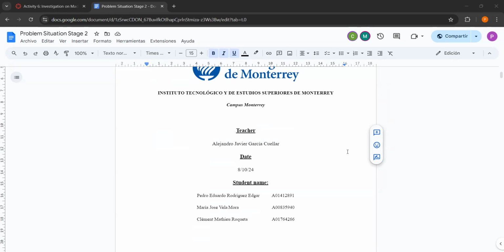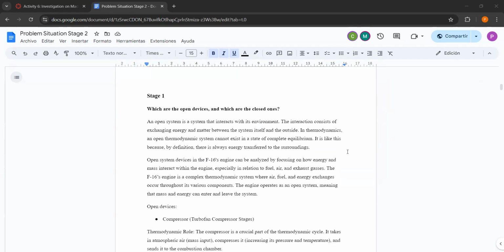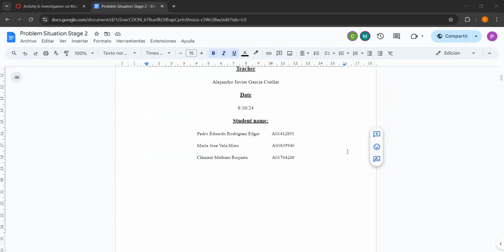What the problem scenario asks us to do is to analyze the components of the F16 engine, and to determine if this plane fell because of an impact of a missile or for something else. With that established, we can continue.